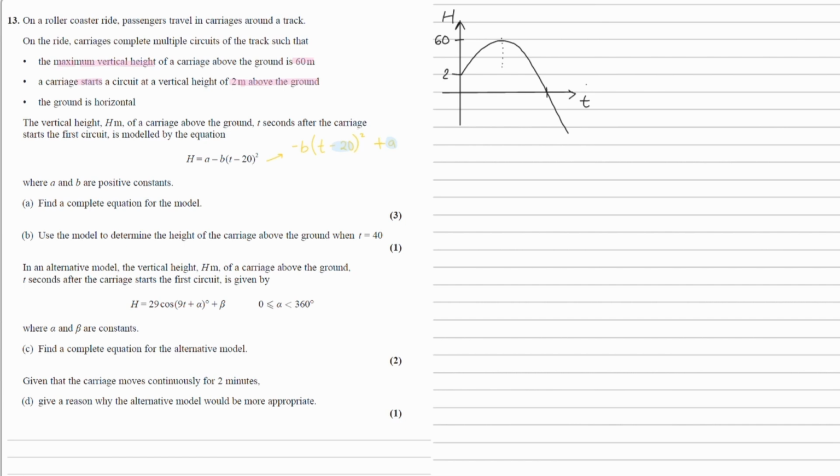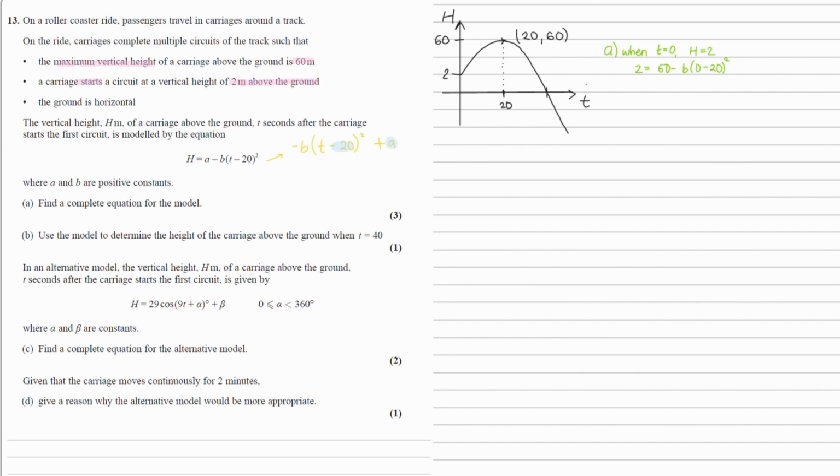Since the turning point is where the maximum height occurs, that means that a is going to be equal to 60. So for part A, we can say that when t is equal to 0, h is equal to 2. If we now substitute a as 60, h as 2, and t as 0, we can use this to find b. h, which is 2, is equal to a, which is now 60, minus b, t is 0, minus 20 squared.